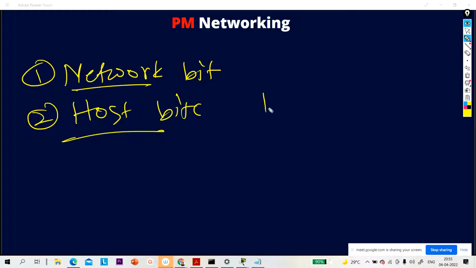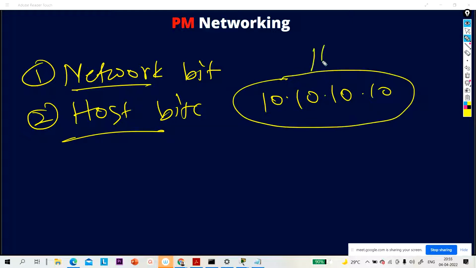If I write one IP address, 10.10.10.10, there are some network bits and some host bits in this IP address.